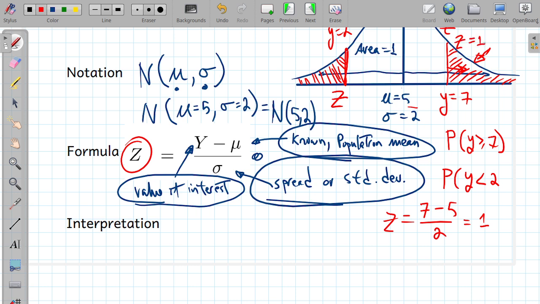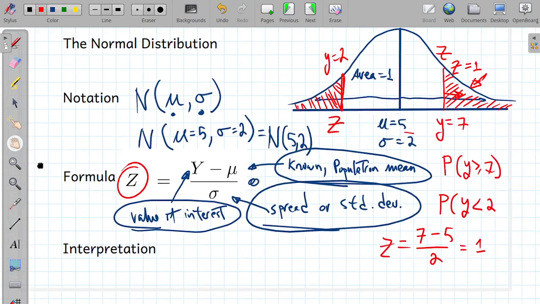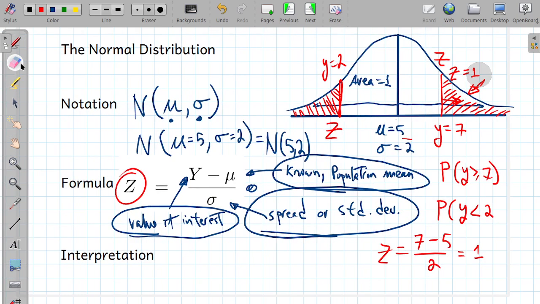Now here's a key point. This is an exam question to see if you know what you're talking about, if you've been paying attention in class or not. What does that 1 represent? That 1, with z equals 1, means the distance from the center to this value is 1 standard deviation greater than the mean.